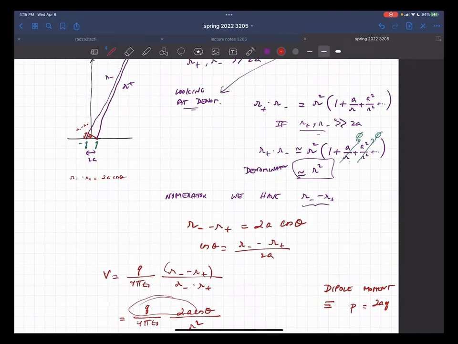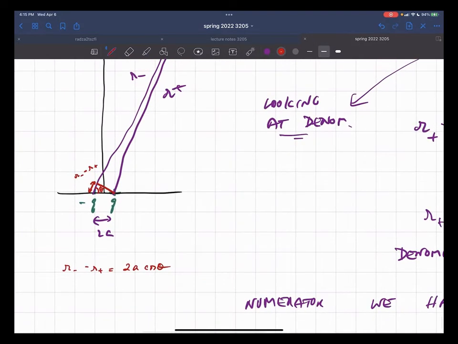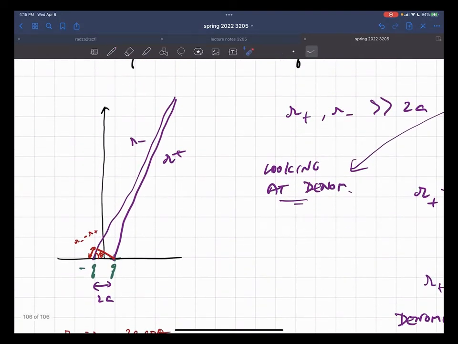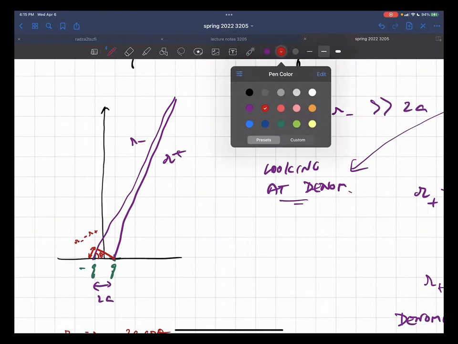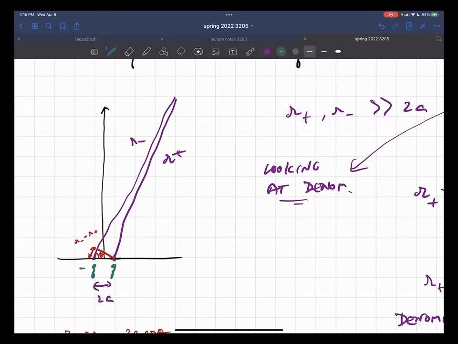Okay, so this is the hand wavy part of this. I'm going to make a claim that when you are far away, if I call this theta prime, the angle from the origin, that far away theta prime is equal to theta.